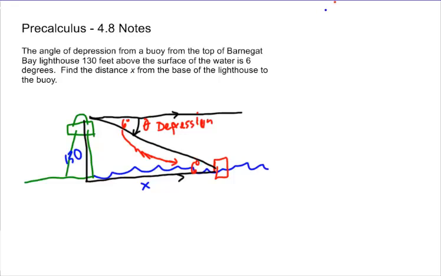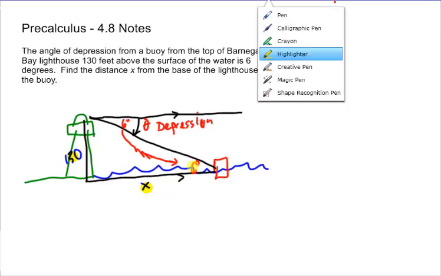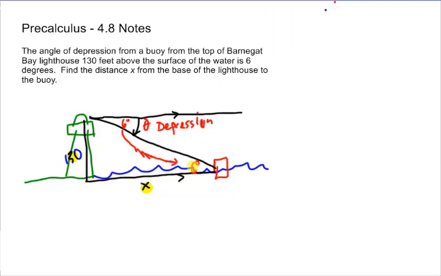And so when you solve this out, what are you doing? Well, you're going to look at what trig function relates the two sides that we've got with the angle that we have. And the trig function that's going to work on this happens to be the tangent function. So we would say the tangent of 6 degrees is equal to the opposite over the adjacent.